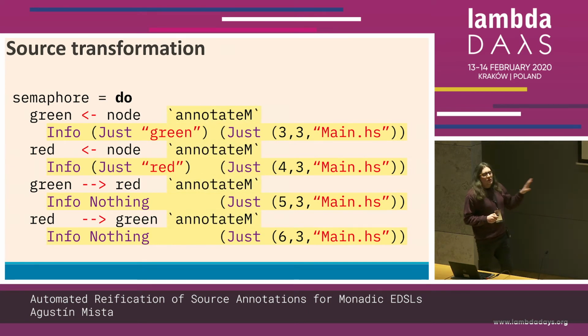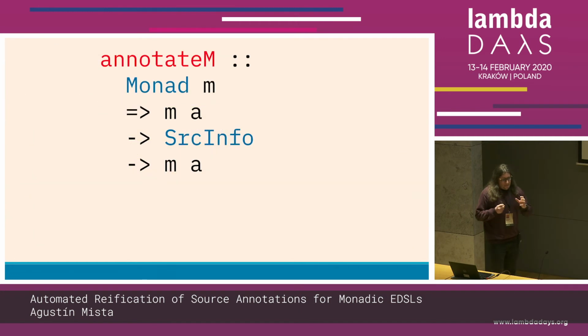And all the details are in the paper. I cannot give you much detail about this, but what I can say is that to define this function, we ask for a little bit of help from the programmer of the EDSL. So basically, what we ask the programmer is to tell us how the EDSL should absorb all the source annotations that the plugin generates, right?